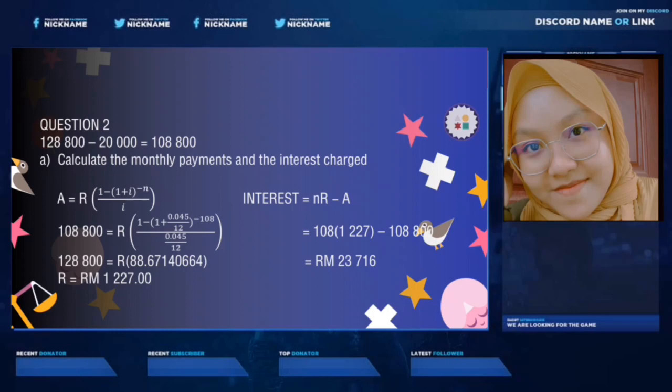The N is 108 and the answer above is labeled as A. The formula is A equal R bracket 1 minus bracket 1 plus i bracket to the power of minus n, divided by i bracket. The final answer is RM1,227. For the interest charge, the formula is N times R minus A. So the answer is RM23,716.